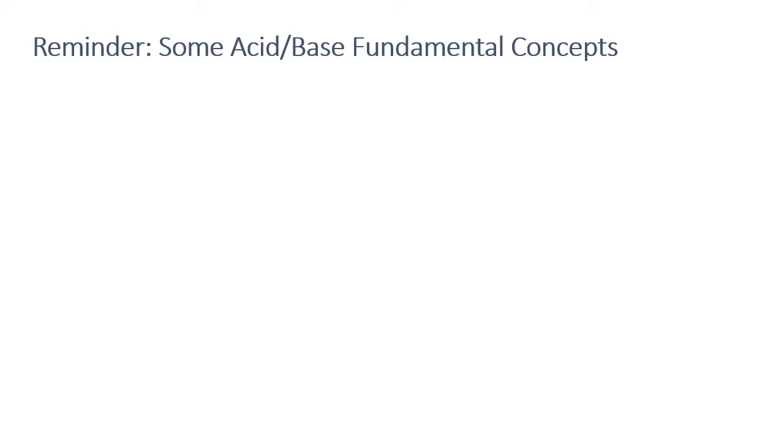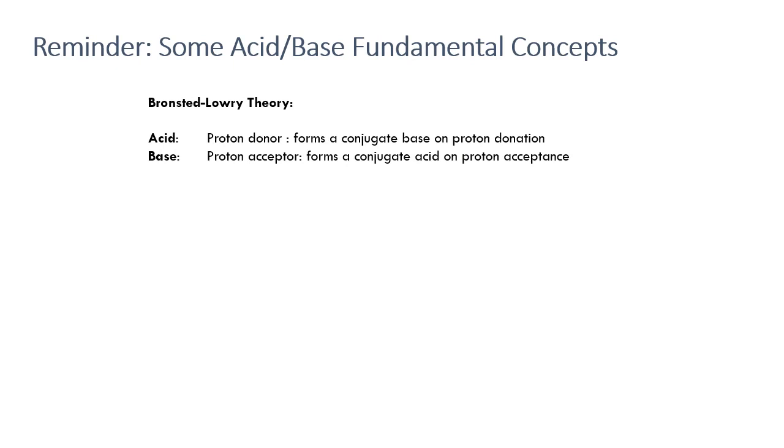So just a quick reminder of some acid-base fundamental concepts. If you recall the Bronsted-Lowry theory, it says that an acid is a proton donor, so it forms a conjugate base on proton donation, and a Bronsted-Lowry base is a proton acceptor, so it forms a conjugate acid on proton acceptance.